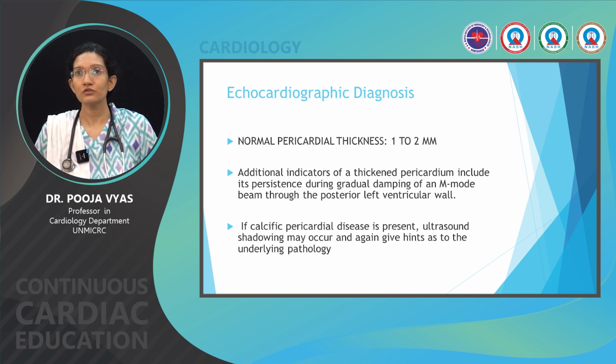I have an image also that I will show you. And if there is calcific pericardial disease, ultrasound shadowing may occur, and it gives a hint that there may be constrictive pericarditis as an underlying pathology.